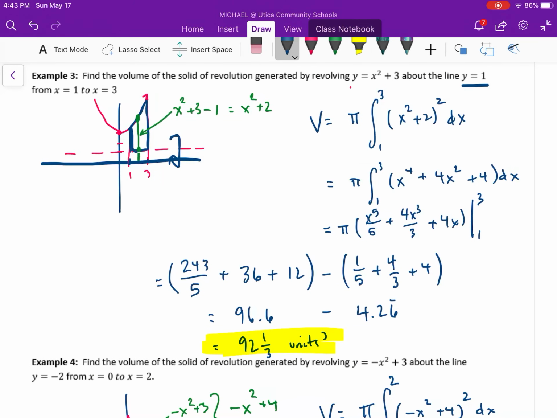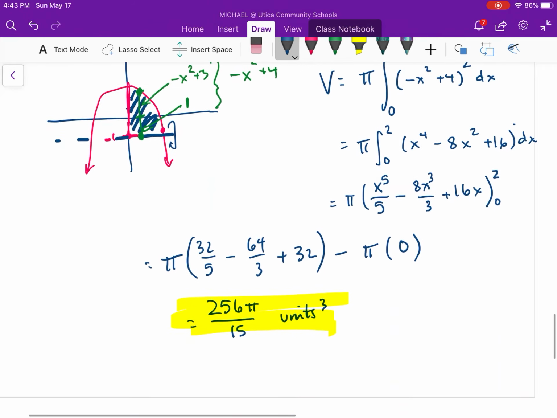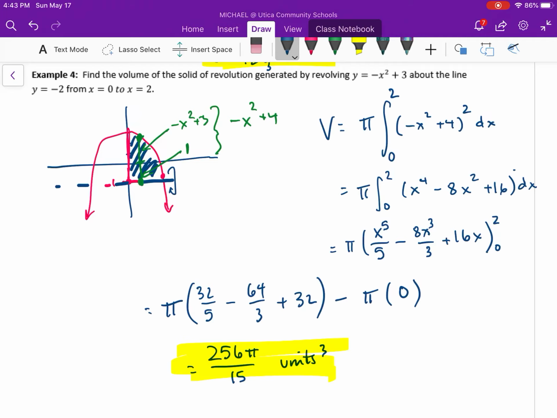Alright, so let me go back really quick to example 3. This should be 92 1/3 pi. There should be a pi there, a pi there, a pi there, a pi there. So don't forget the pi from the formula pi r squared.